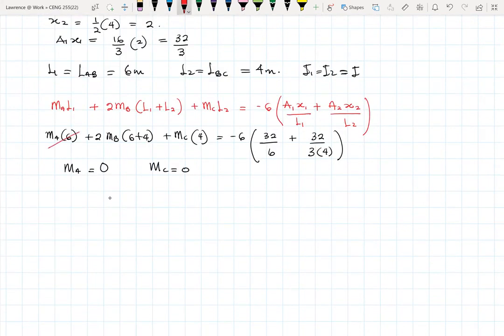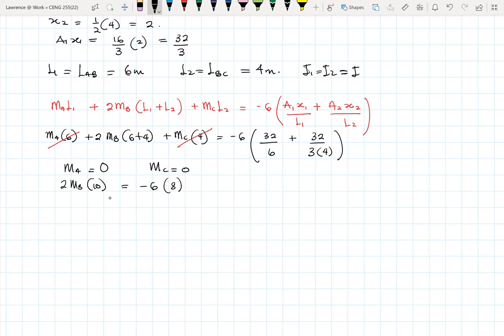So this portion and that portion can cancel out. So we'll end up with 2 MB times 10, which will be equal to minus 6. We can sum everything within the space here, and this will give us times 8, I think. We can do the math and see. It should give us 8.